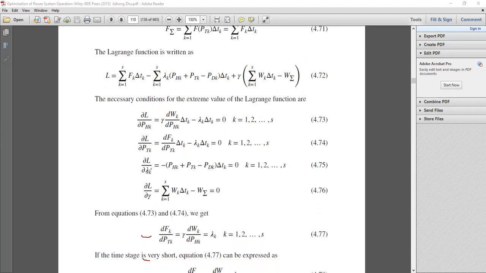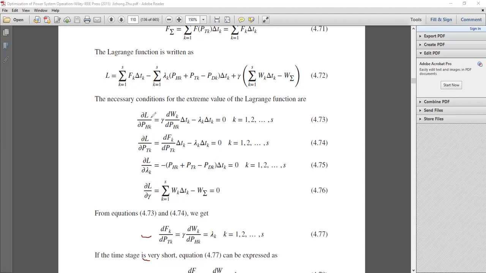Then lambda K, this is another set of unknowns, and gamma, this is the unknown. So we have to take the partial derivative with respect to all these decision variables: the hydro unit generation, the thermal unit generation, the lambda, that is the Lagrange multiplier at the kth instance, and the gamma.